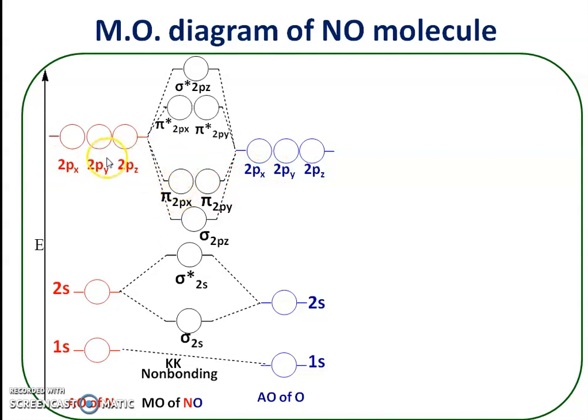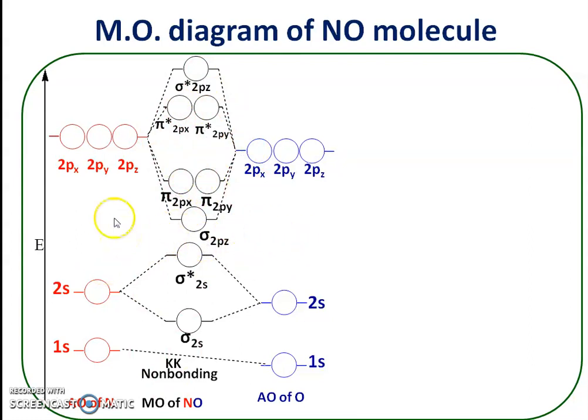Similarly, out of phase combination between 2px and 2py orbitals of nitrogen and oxygen results in the formation of anti-bonding molecular orbitals pi star 2px and pi star 2py. So this is the molecular orbital diagram for the nitric oxide molecule.